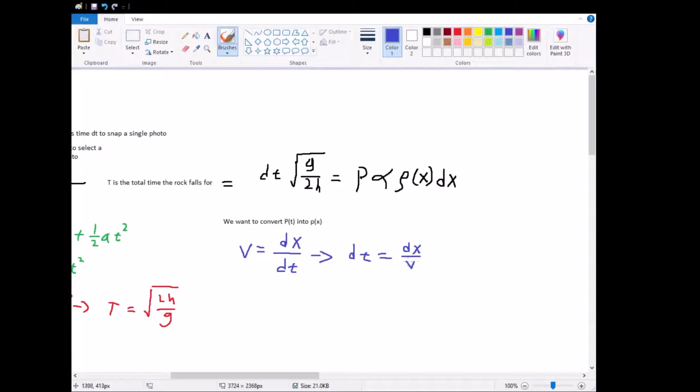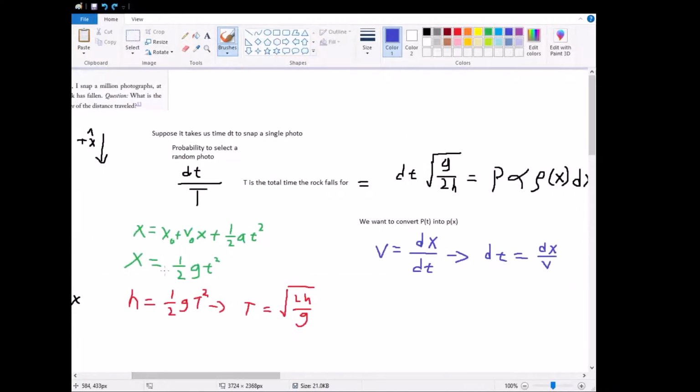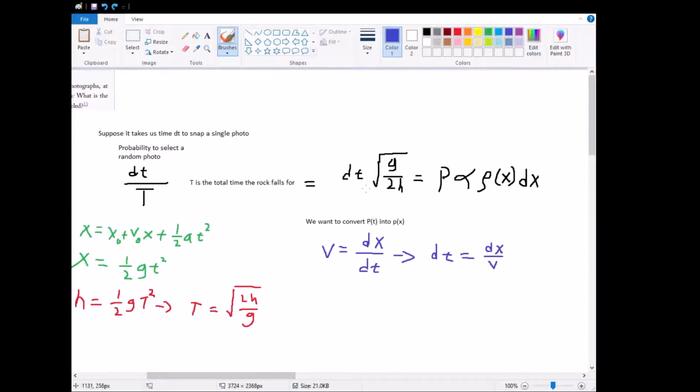If we plug this back up into here, this would give us a probability distribution in terms of dx. So let's do that. We know what x of t is already from the kinematic equation: x equals 1/2 g t squared. So if we differentiate it with respect to time, then we know that v equals g times t.